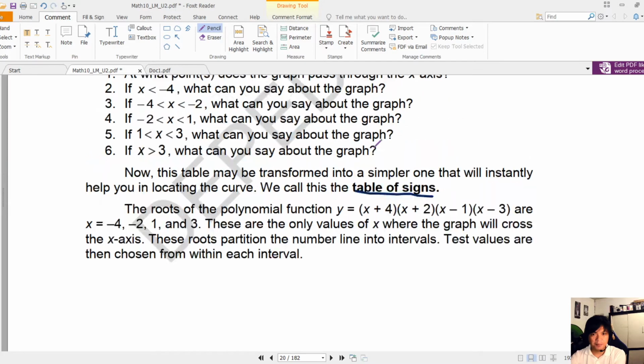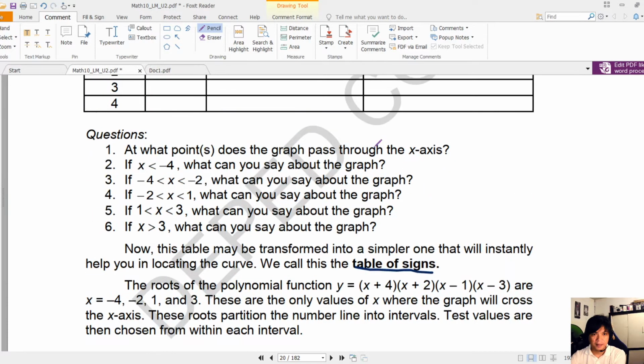So the example here, okay, the roots of the polynomial function y is equal to x plus 4, x plus 2, x minus 1, x minus 3 are negative 4, negative 2, 1, and 3. These are the only values of x where the graph will cross the x-axis. Kaya ito sila are the x-intercepts.